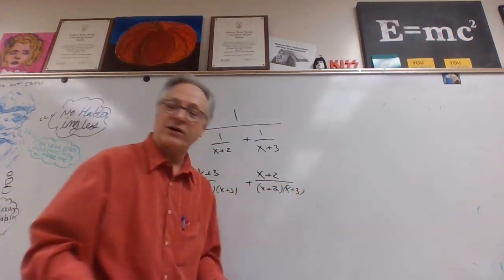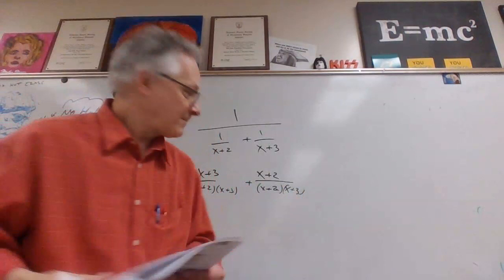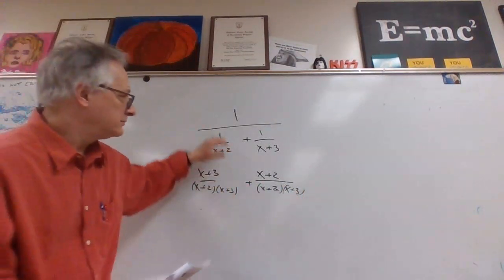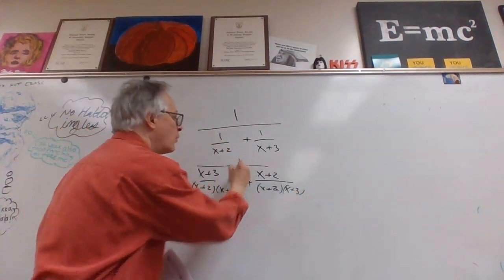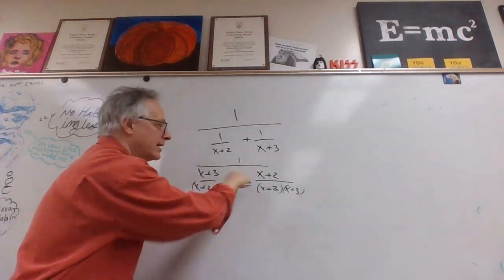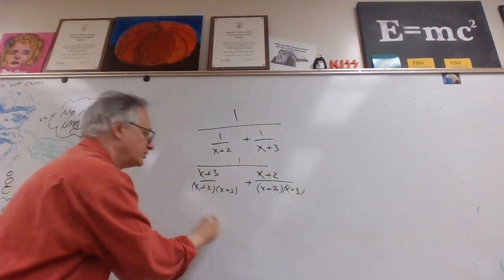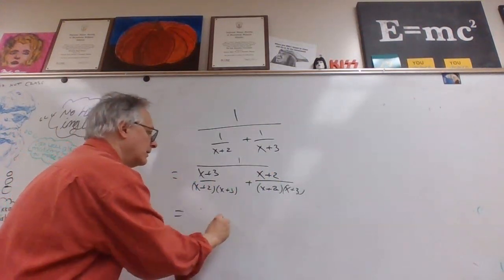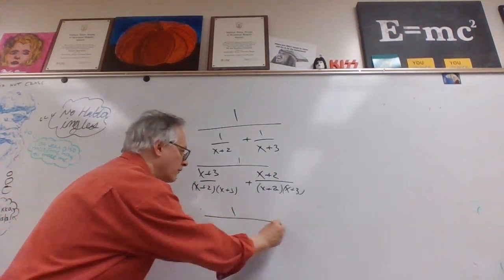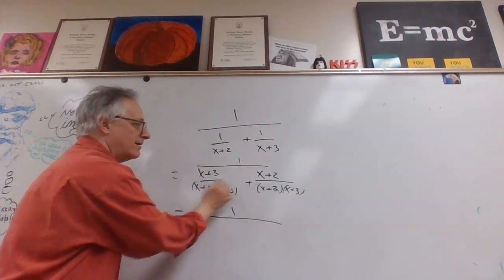Now, let's look at our answers. First of all, this is still all over 1. Now, let's take care of the like terms in the numerator of these fractions in the denominator. You're going to have 1 over, what do you have here?